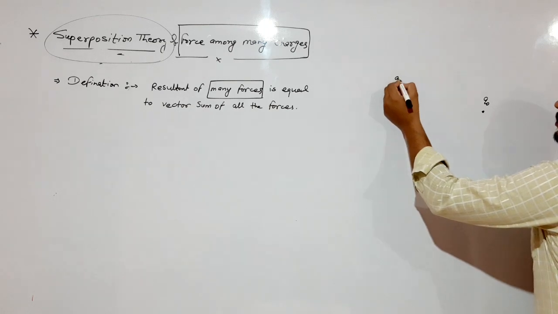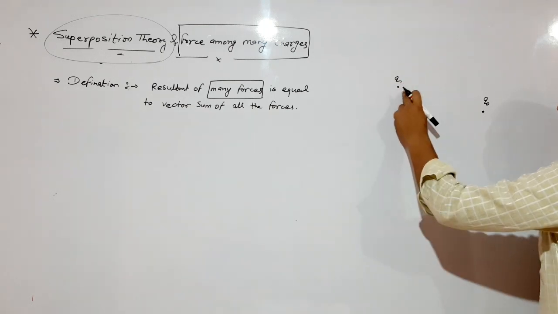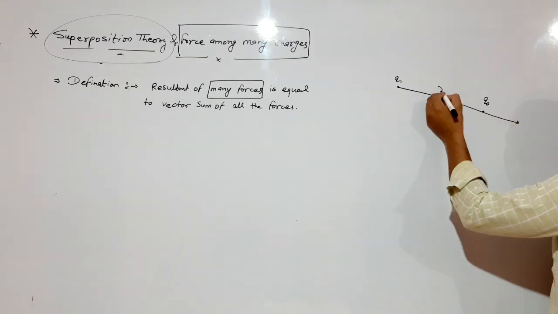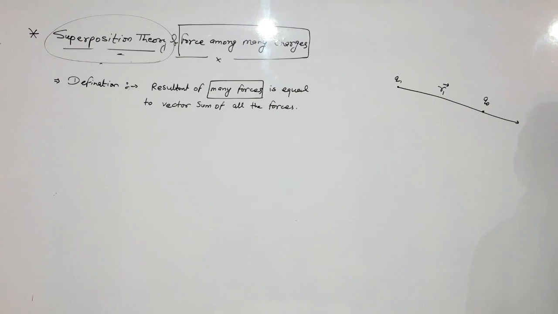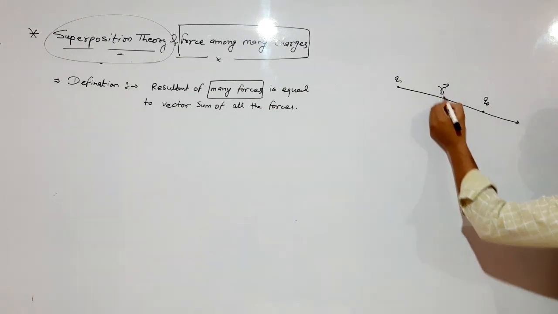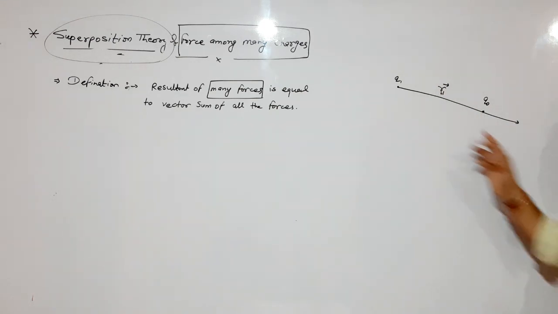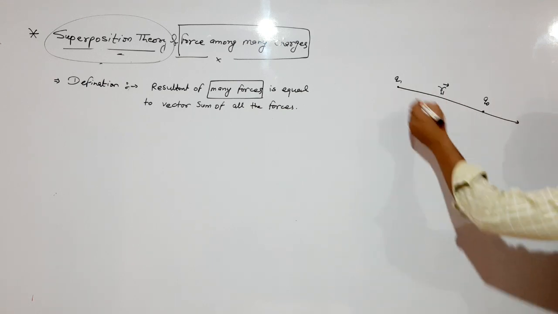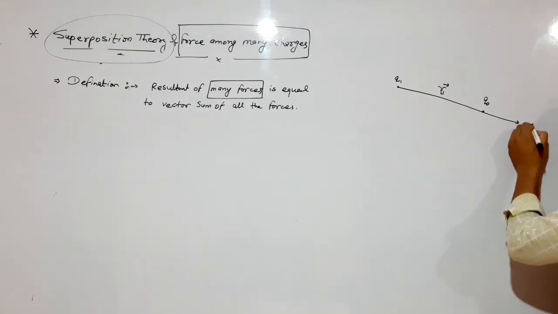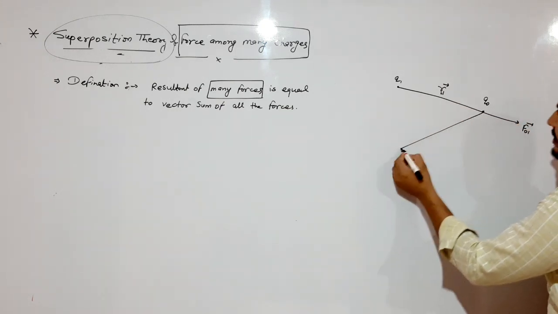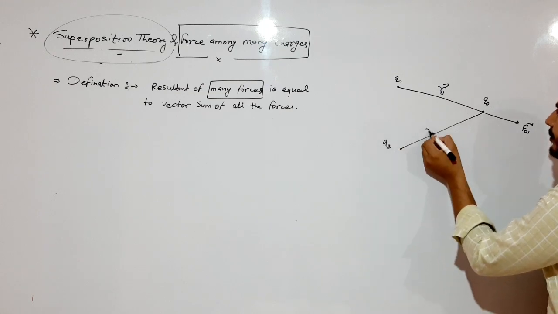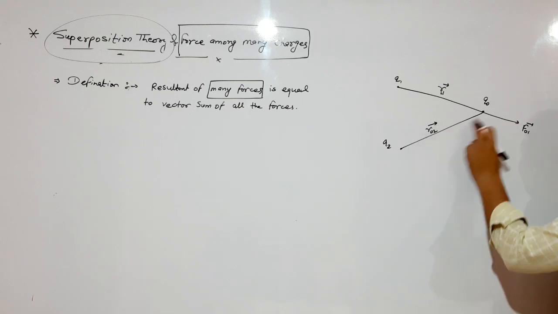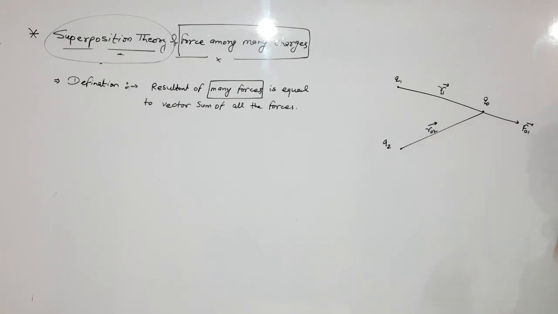If Q1 is also a point charge and Q1 applies a force on Q naught, then R naught 1 is the position vector from Q1 to Q naught, and the applied force is F naught 1. The second one is Q2, with R naught 2 as the position vector from Q2 to Q naught.